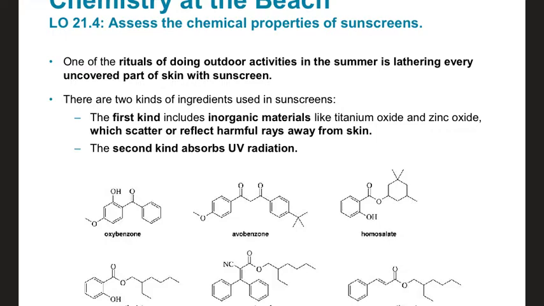The second kind absorbs UV radiation, and you see examples down below of these organic molecules that absorb ultraviolet. There's some conjugation there, but not a lot, not enough to absorb visible light, so the sunscreen still looks white, but they're going to have enough to really absorb ultraviolet light, and so the electrons will go from the HOMO to LUMO, and then they'll relax back down to the HOMO and release that amount of energy in the form of heat, not ultraviolet light, because the gap ultimately is pretty small.